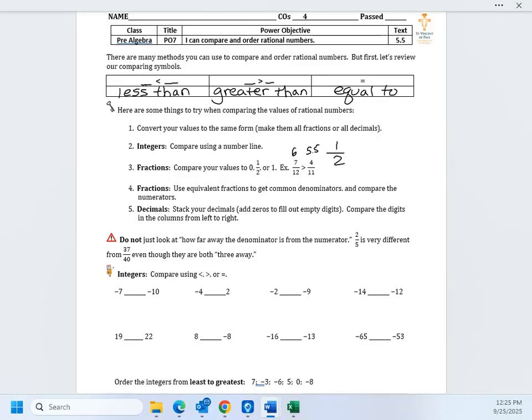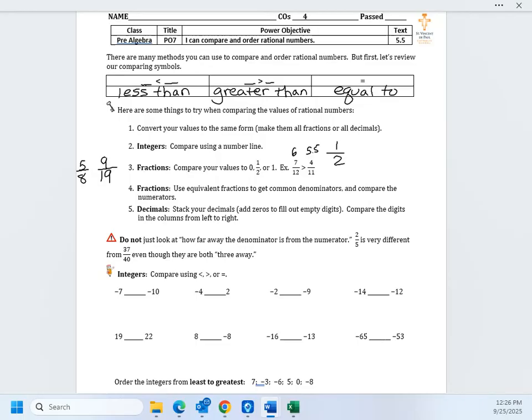Fractions. Use equivalent fractions to get common denominators and compare the numerators. Because sometimes you might have like 5/8 and 9/19. Oh, goodness, they're both just above a half. I don't know which one is greater because they're both a little bit over.